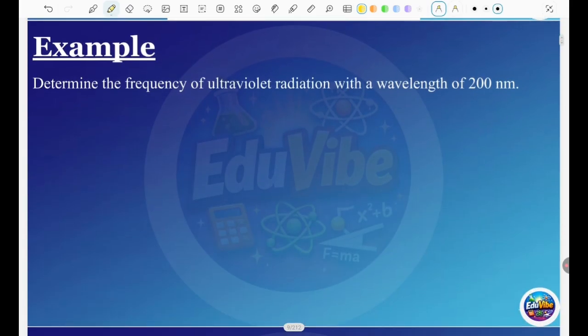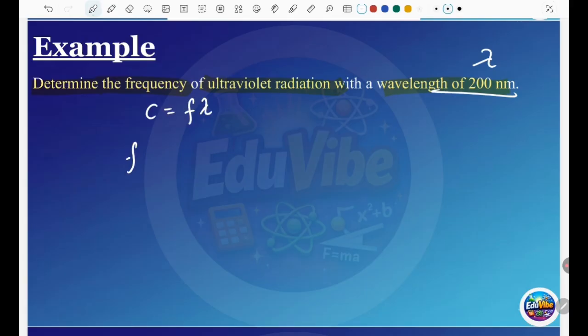So I have an example for this. We have to determine the frequency of ultraviolet radiation with a wavelength of 200 nanometers. What do we have to find? The frequency. They gave us the wavelength. You already know the formula: c = frequency times wavelength.